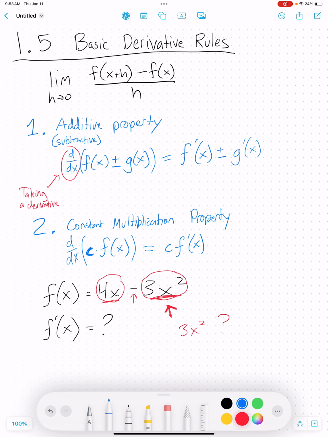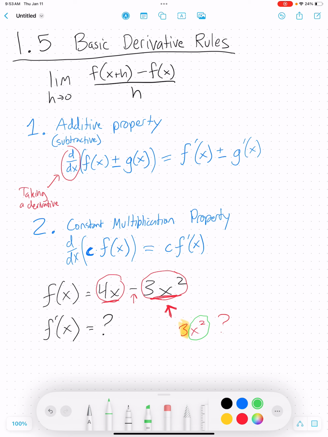According to that property, this 3 that's in front doesn't complicate the derivative. That means I can ignore that 3 and just focus on what's the derivative of x squared.